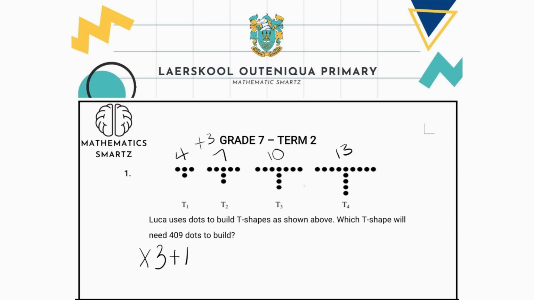Now that I know that my rule works, I can find out which T-shape will need 409 dots. But in order to find my T-shape, or term number, I have to do the inverse.